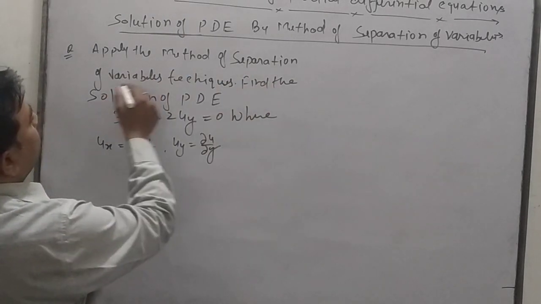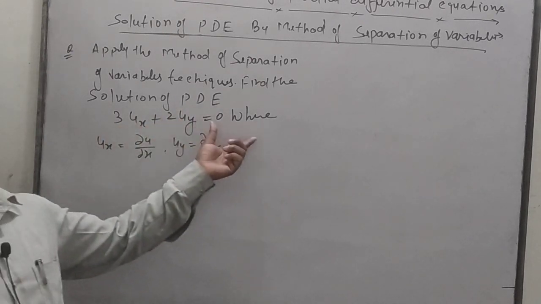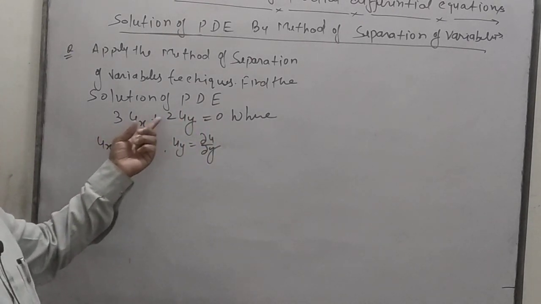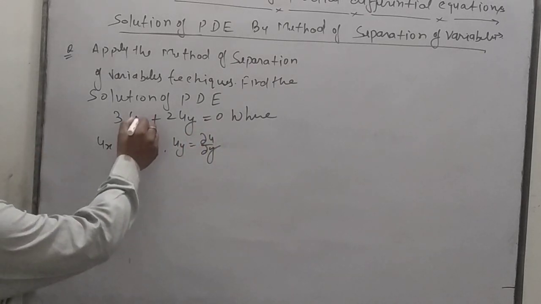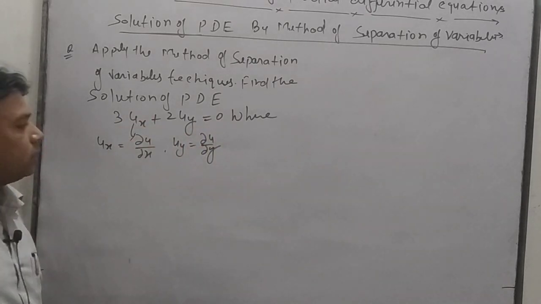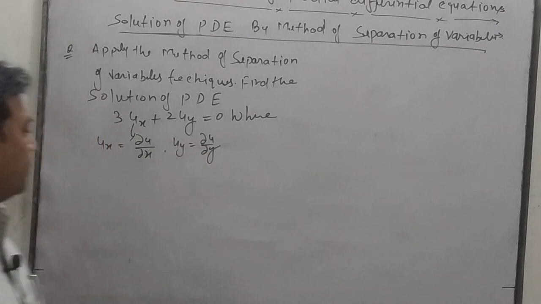Apply the method of variable separation to find the solution of the partial differential equation 3u_x + 2u_y = 0, where u_x is del u over del x and u_y is del u over del y. Let's start the solution.